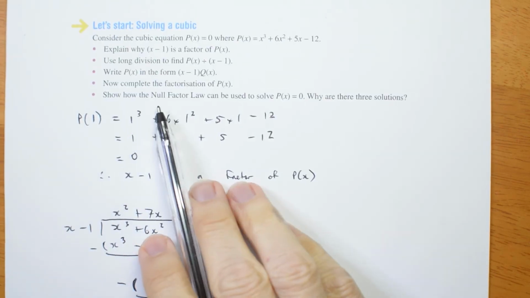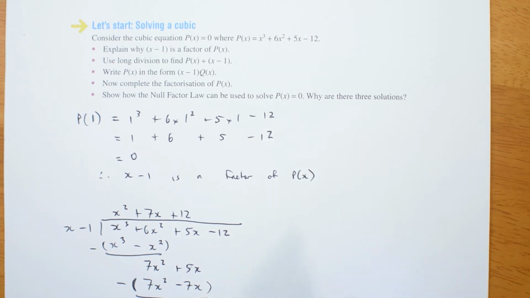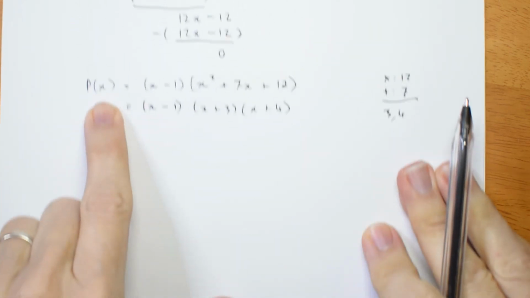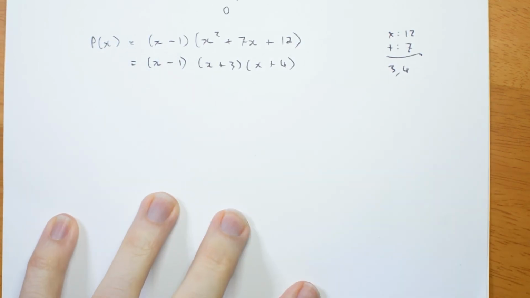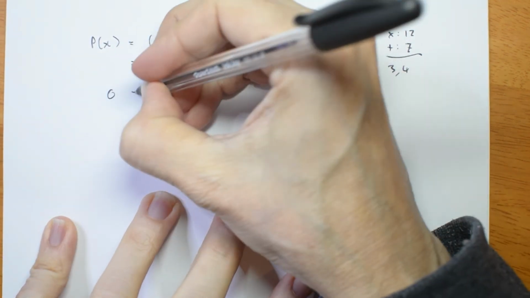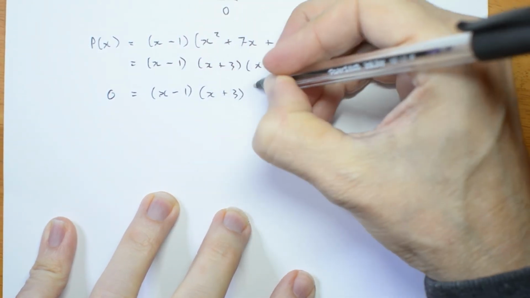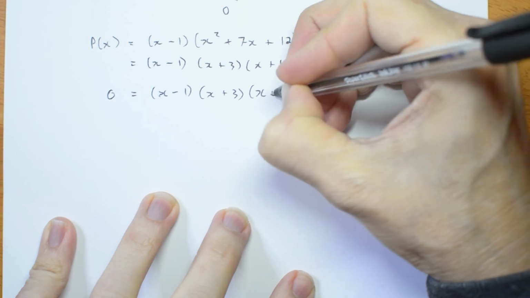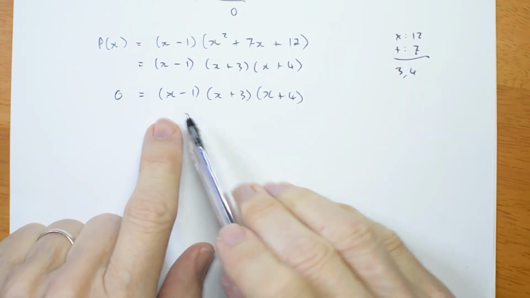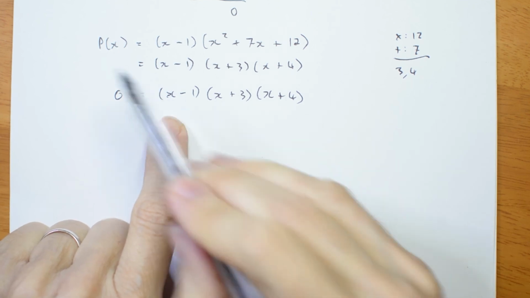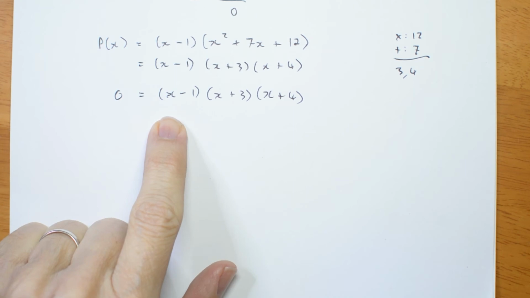The question finishes. Use the null factor law to solve this and talk about the 3 solutions. So, if my expression says this, and I want it to say 0 equals, well, the null factor law tells me that if I have a product of factors and it's equal to 0, then at least one of these factors must be 0.